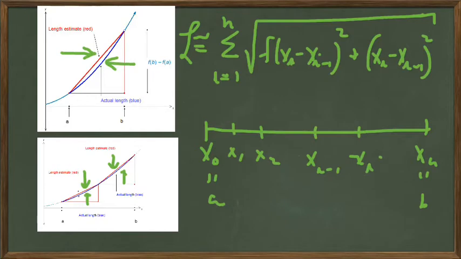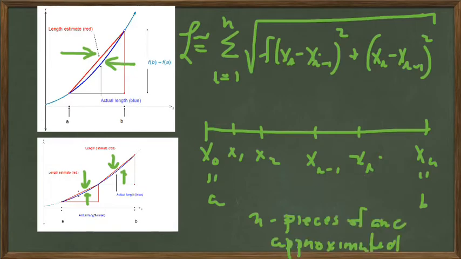We're just adding up the length of the arc on these n pieces of arc. But if the difference between these x values is very close together, our error is going to get less and less. So on the next blackboard, let's see what happens when the difference between x i and x i minus 1 goes to 0.